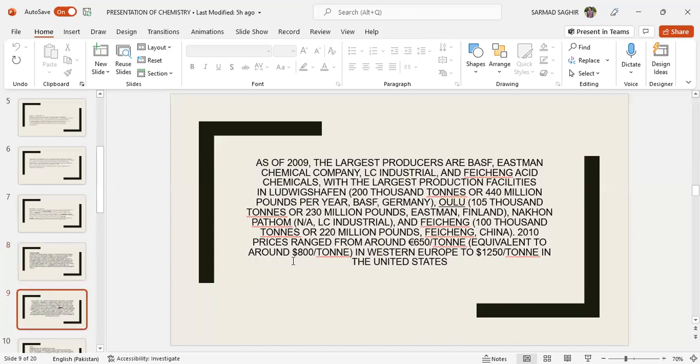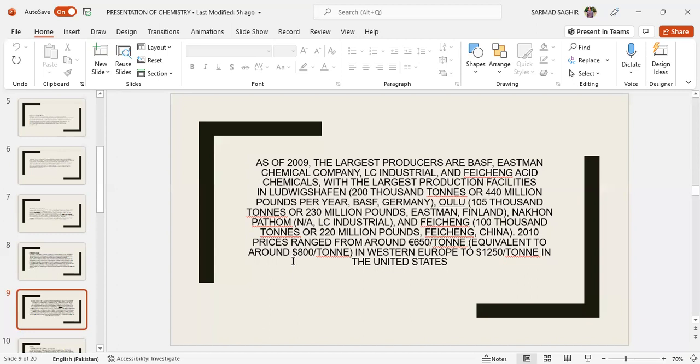As of 2009, the largest producers are BASF, Eastman Chemical Company, LC Industrial, and Feicheng Acid Chemicals, with the largest production facilities in Ludwigshafen, 200,000 tons or 440 million pounds per year, BASF Germany; Oulu, 105,000 tons or 230 million pounds, Eastman Finland; Nakhon, LC Industrial, and Feicheng, 100,000 tons or 220 million pounds, Feicheng China.